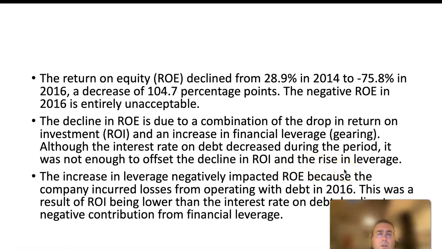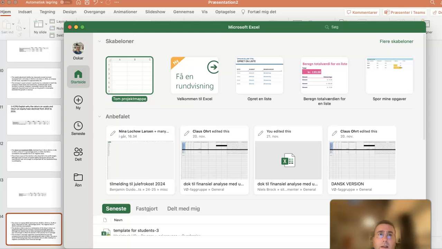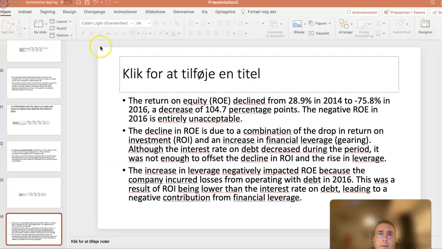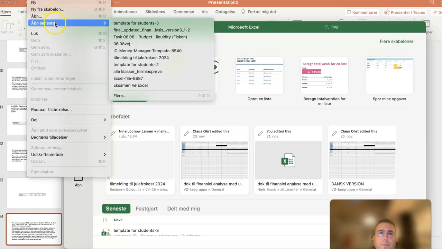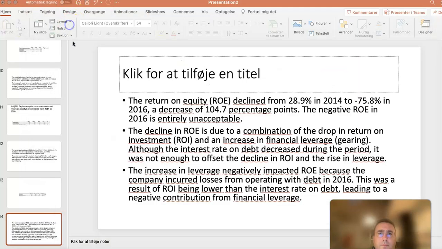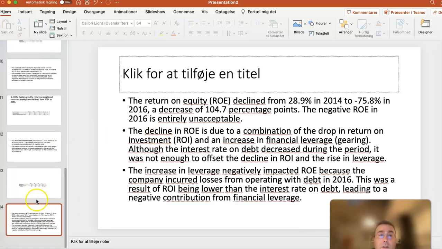Guys, a good idea on how to look at this, and what I would suggest you do, is you look at the figures here and open the Excel file, and it will show you the details. If you double click on it, you see why it developed the way it did. Anyway, this is what you're supposed to do.